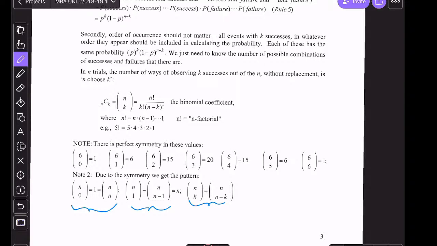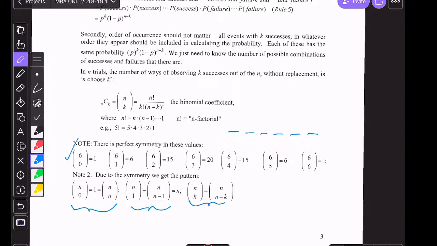So why will n choose 0 always be 1? Well, what does it mean? It means if you have, so I'll just use the example of 6. So there's 6 outcomes. You could have, let's do this one first. Out of the 6 outcomes, 0 successes. So that means that all of them are failures.